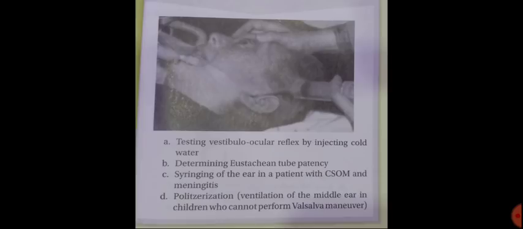So if you move your head to one side, your eyes will move to the contralateral side. So if you are irrigating warm water in right ear, eyes will move towards opposite side. But what will happen is, the nystagmus, horizontal nystagmus, will be to the ipsilateral ear.